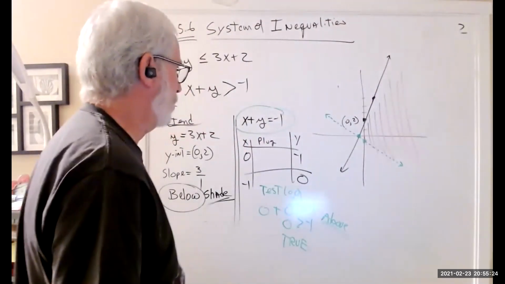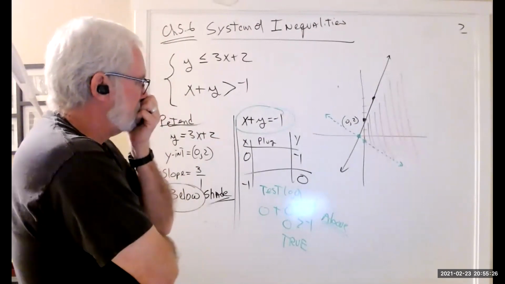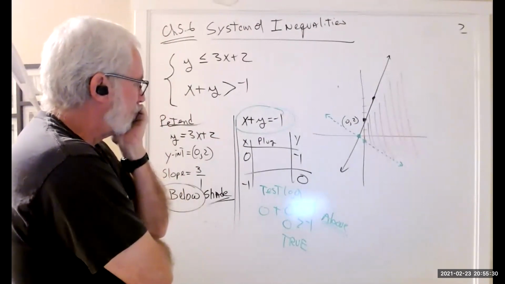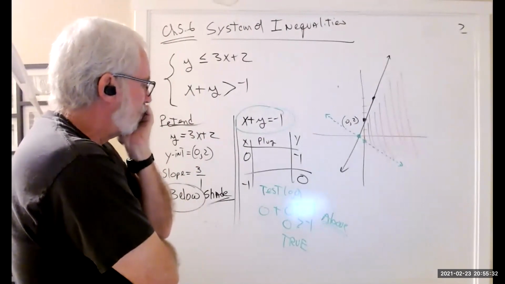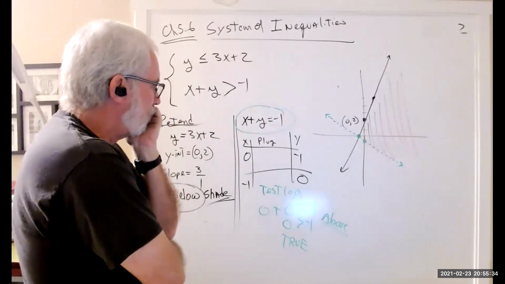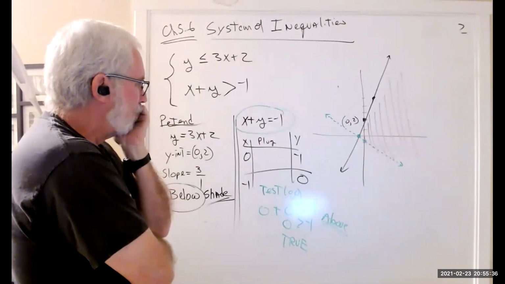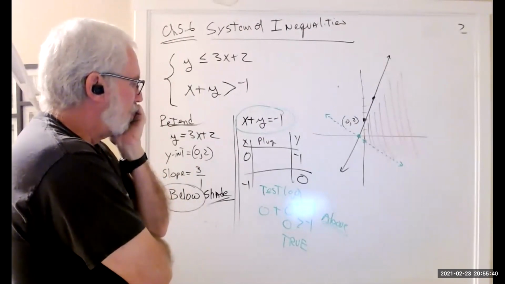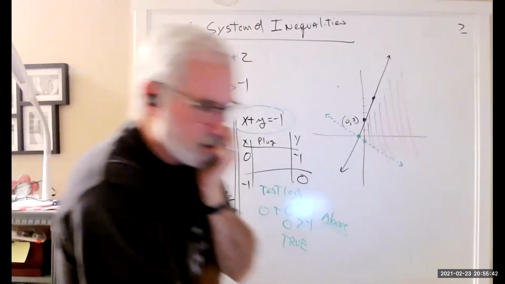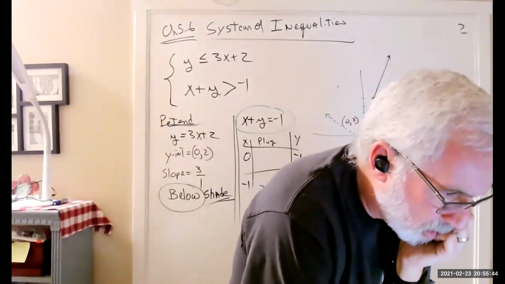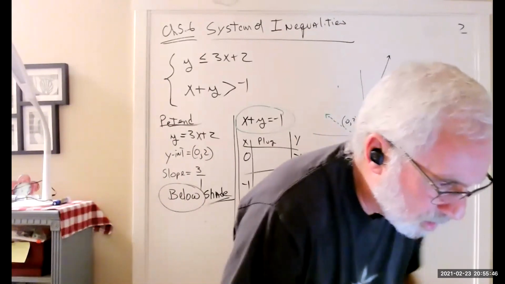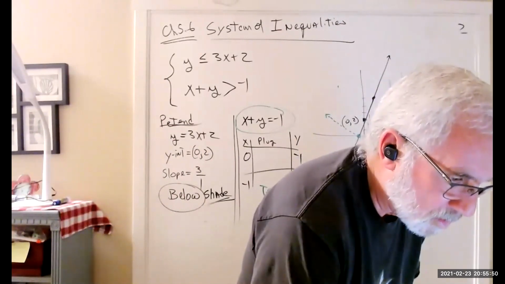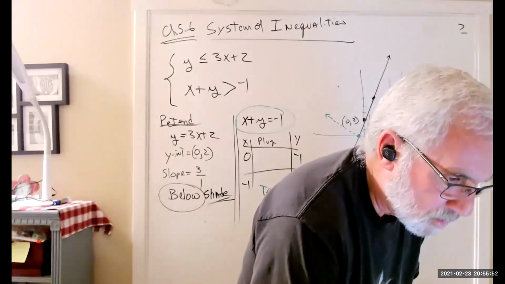So the question is, we're talking about true or false and the shading basically, right? Oh, it looks like Anne answered it. Anne said that false is to shade the opposite side of the test point. True is the same side of the test point.